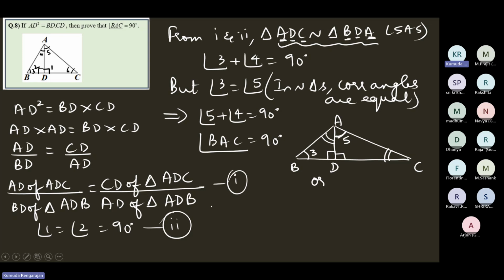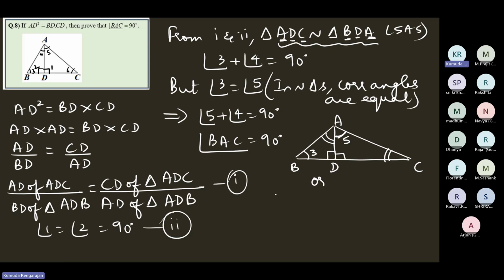That only we have to prove. We can either write angle 3 plus angle 4 is 90, because for obvious reason, it's a right triangle. So the sum of the acute angles is 90 degrees. Or you can write angle 5 plus angle 6 is 90 in the other right triangle.